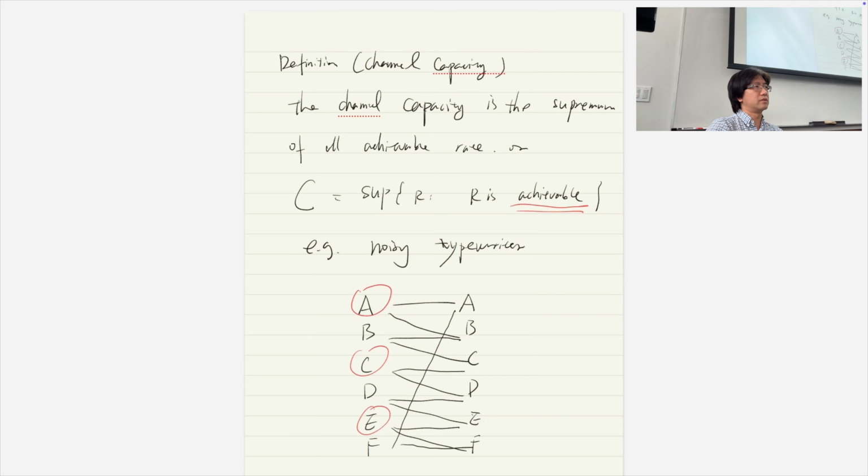Of course, the channel is very simple; in practice, it will not be that simple. This is just an example showing that, at least for this channel, we can transmit log 2, 3 bits per channel use without error.